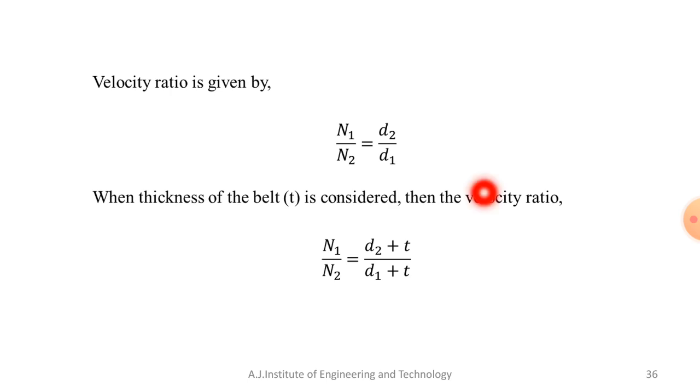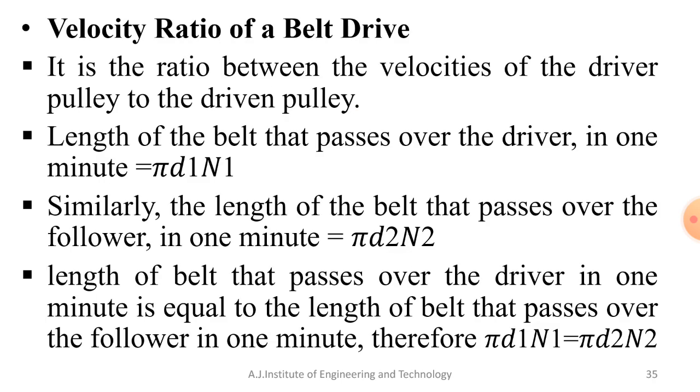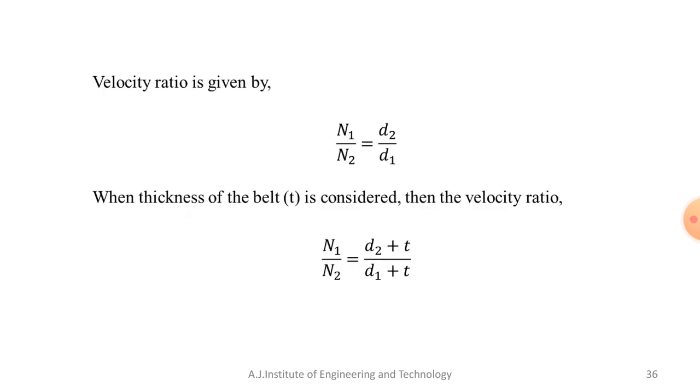The velocity ratio is given by n1 divided by n2, because the pi will get cancelled. So that's why d1 n1 is equal to d2 n2, which means n1 divided by n2 is equal to d2 by d1.